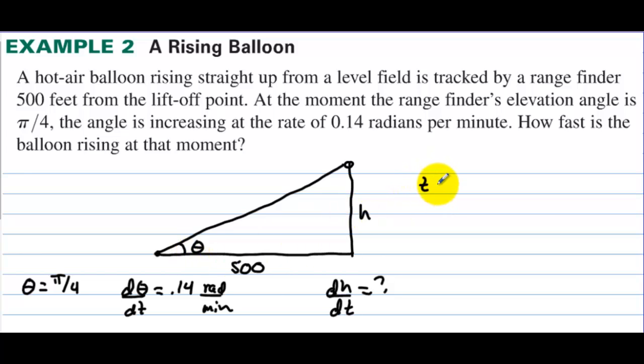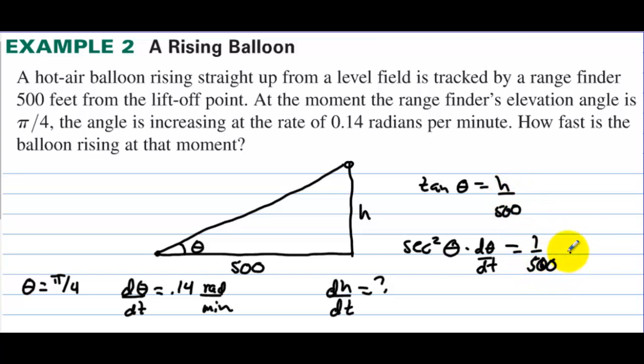We have the tangent of theta is equal to h over 500. Well, now in order to introduce the d theta/dt and dh/dt, we need to take the derivative. The derivative of tangent is secant squared theta, but then times d theta/dt. And the derivative of the right side is 1 over 500 dh/dt.